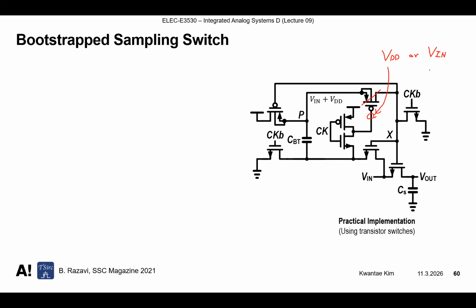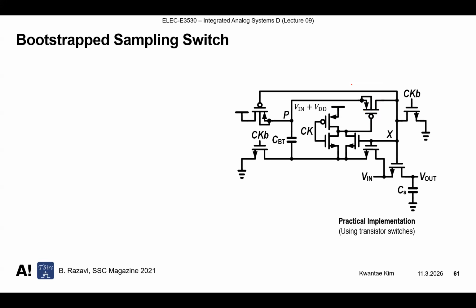When the gate voltage is equal to V-in, the voltage difference between the source and the gate is ensured to be VDD. Then this transistor can be turned on without worrying about VSG being approximately 2 times VDD. And then we can add another transistor.